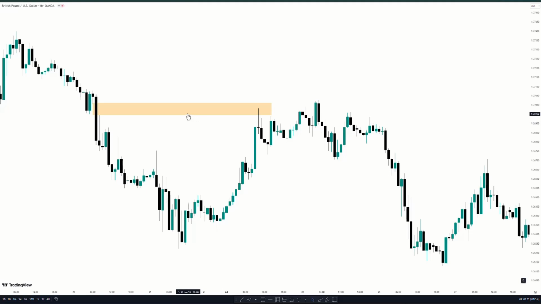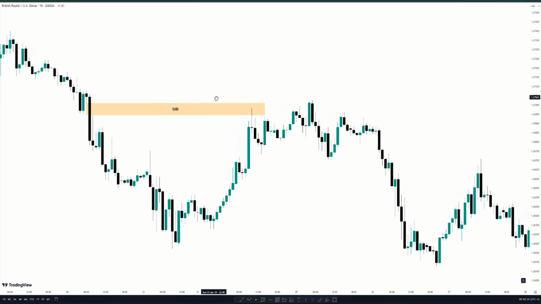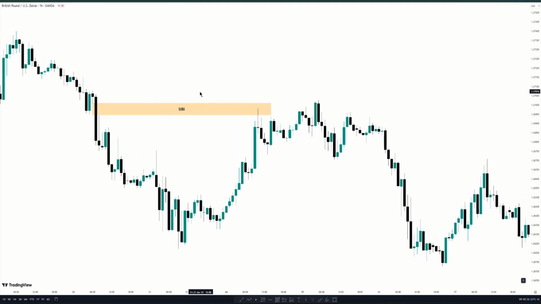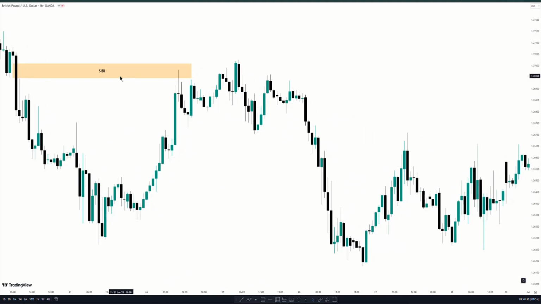This one we can call a CB, since this is a bearish fair value gap. We have a sell side imbalance, a buy side inefficiency right here. I don't want to explain too much. So that's one example of a CB.